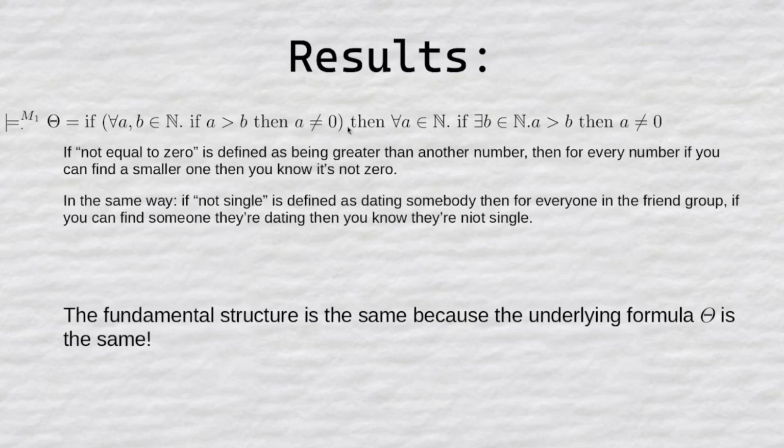And this pattern, this fundamental structure underlying these two expressions, one about numbers, one about relationships, the pattern's the same, and they're both true because they're both the semantic filling in of theta, meanings that have been given to theta, and we've proved theta to be true.